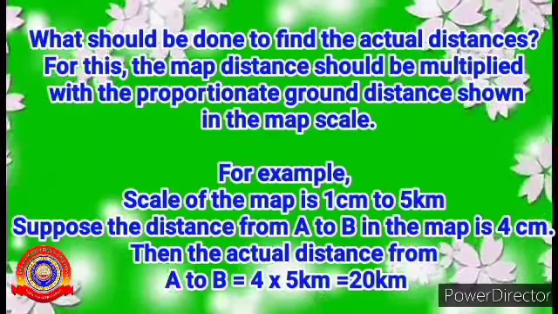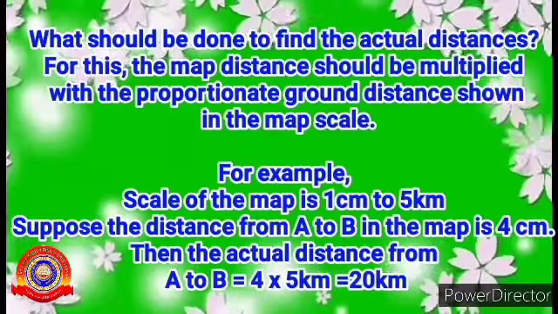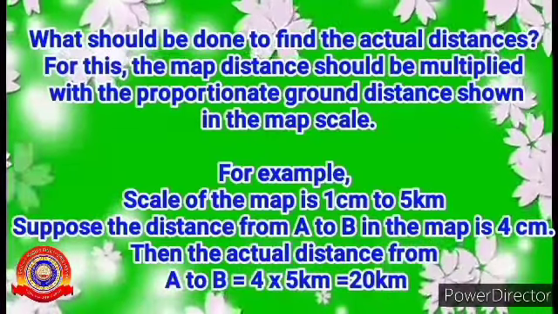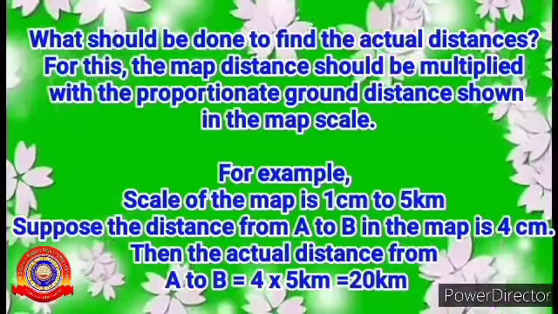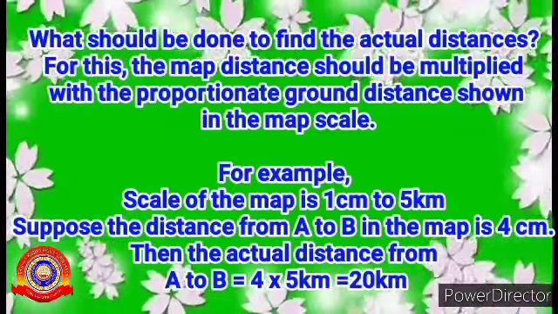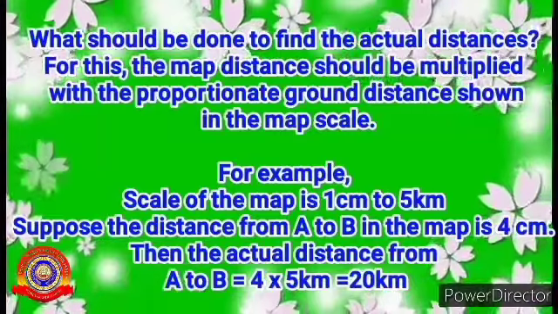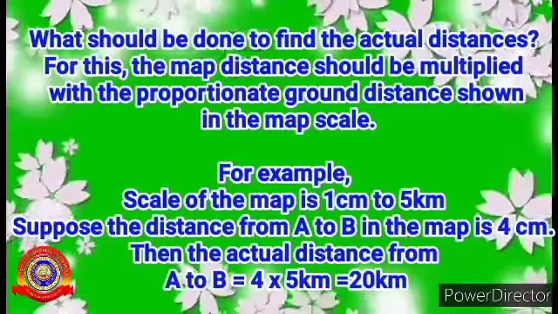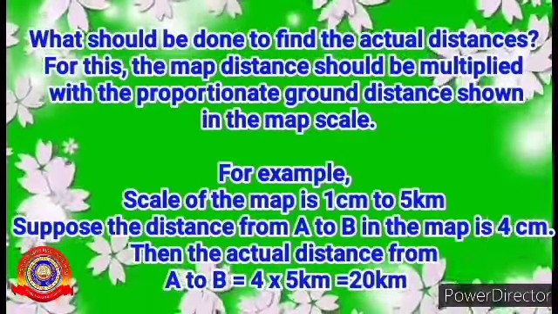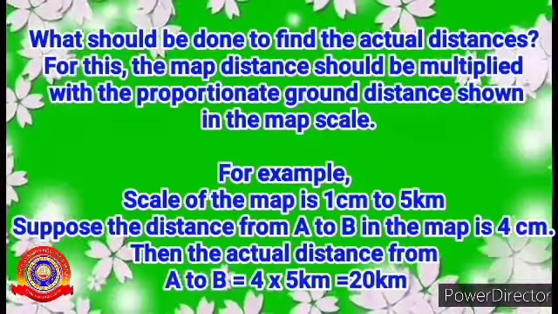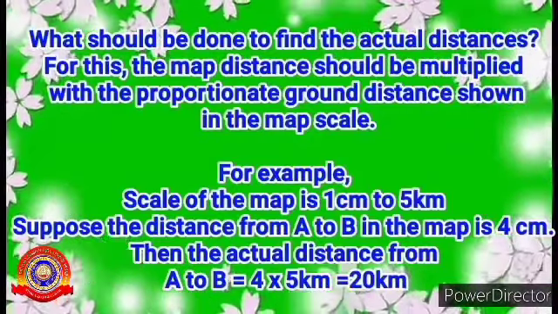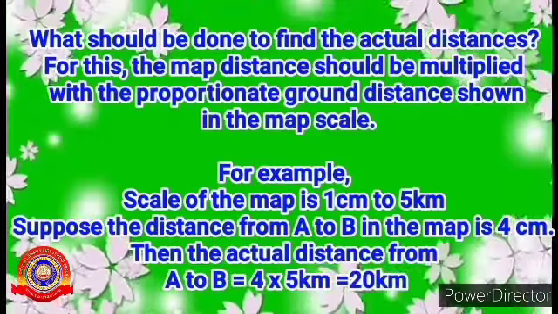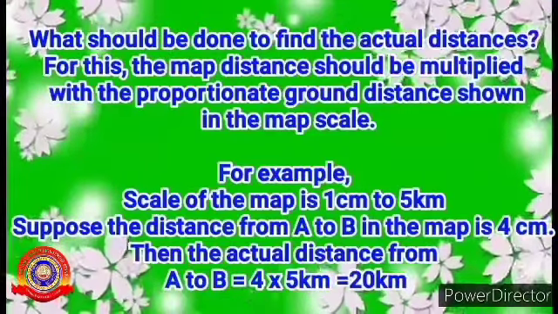Suppose the distance from A to B in the map is 4 centimeter, then the actual distance from A to B is equal to 4 into 5 kilometer, that is 20 kilometer. You might have understood how to find the actual distances by measuring the map distances.